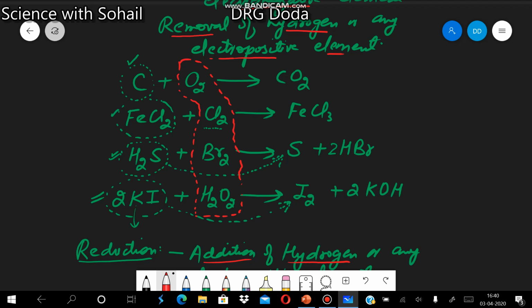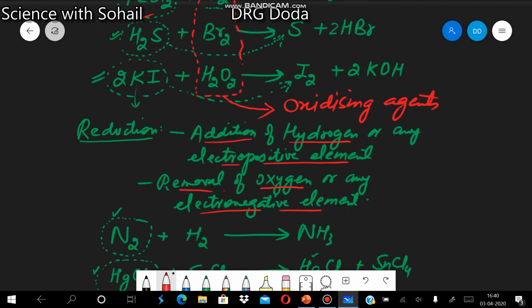Now these species which bring about the oxidation, which are not themselves undergoing oxidation, but they are bringing about the oxidation of the species like carbon, ferrous chloride, hydrogen sulfide. These species are called oxidizing agents.